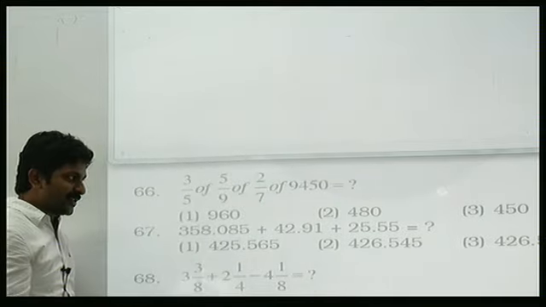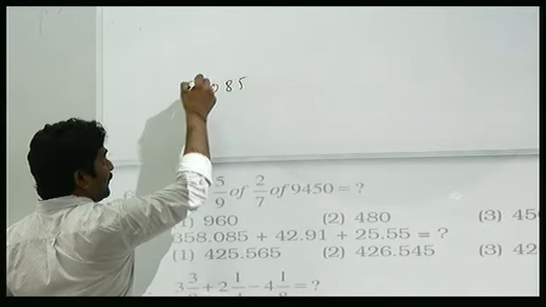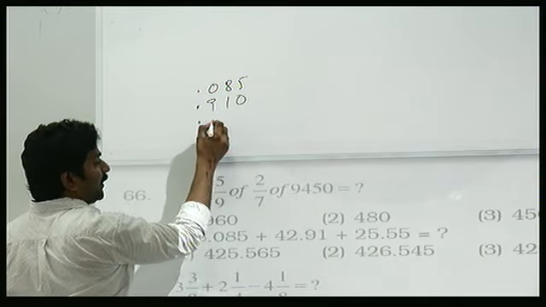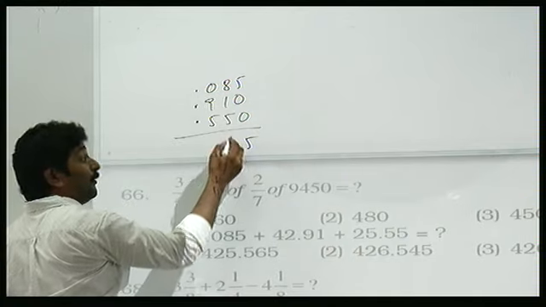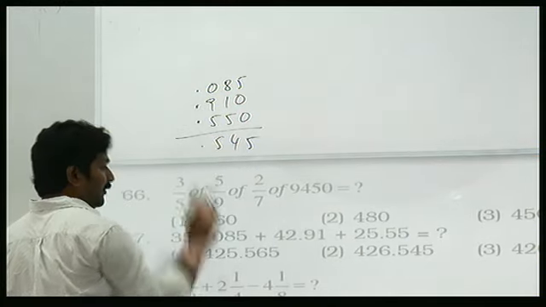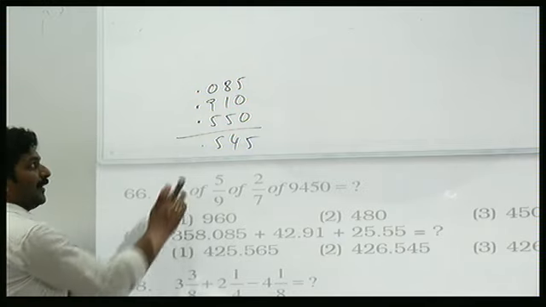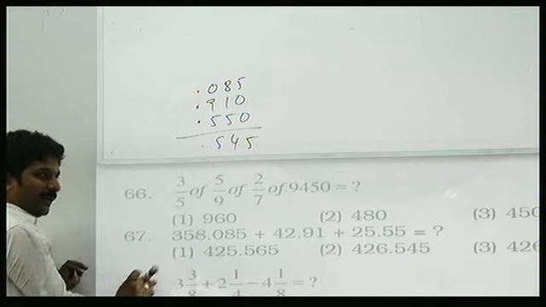Look at the last digits. This is 0.085 and 0.910, 0.550. How much is this? 5, 4, 5, 545. How many options are there? 2 are there. You have to calculate. Is there any carry here? Yes.